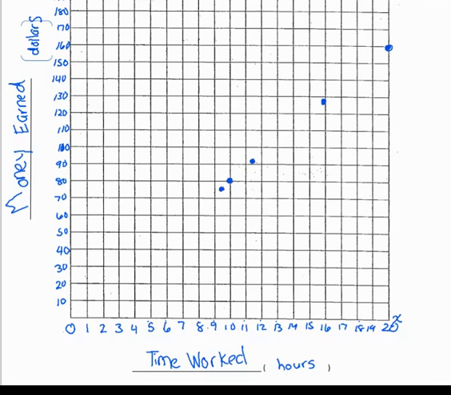Now, I can't do that on this tablet, but I'm going to do my best. And you can extend it well beyond your points. And we could even put an arrow at the end because technically we could keep on working and continue to make money.